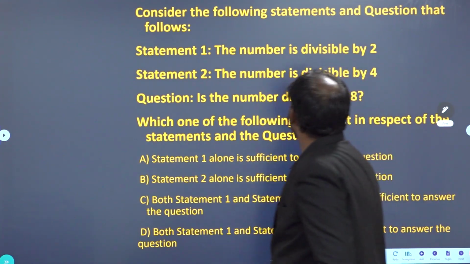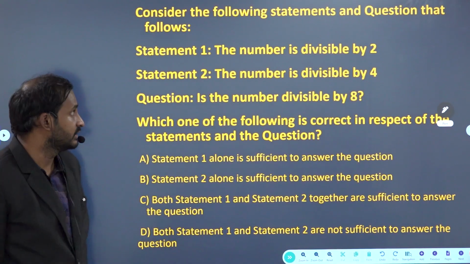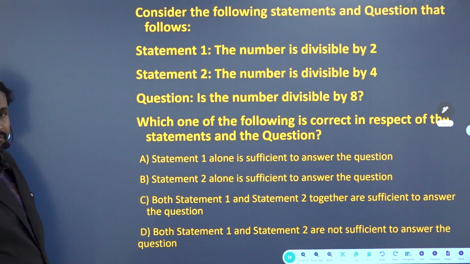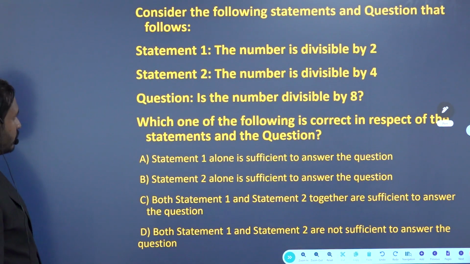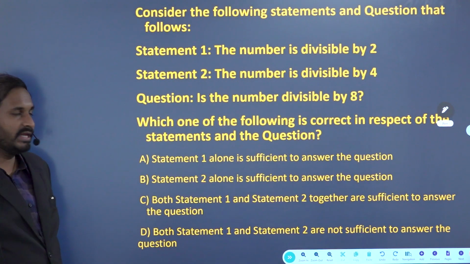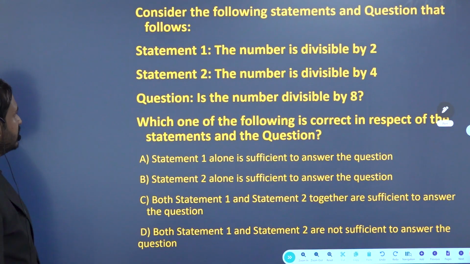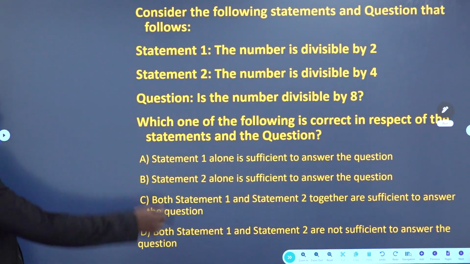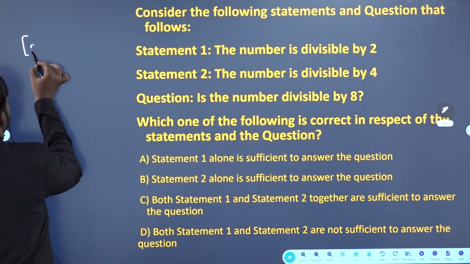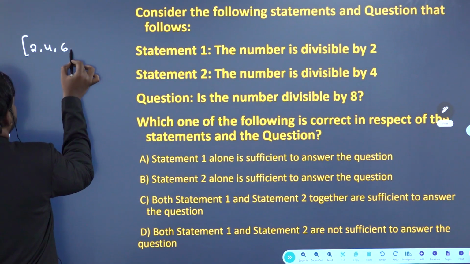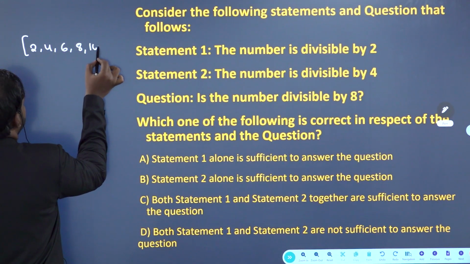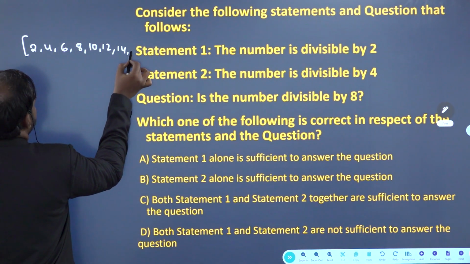Next one, consider the following statements and the questions following it. The number is divisible by 2. The number is divisible by 4. Is the number divisible by 8? We need to check which one of the following statements is correct. What are the numbers divisible by 2? 2, 4, 6, 8, 10, 12, 14 and so on.